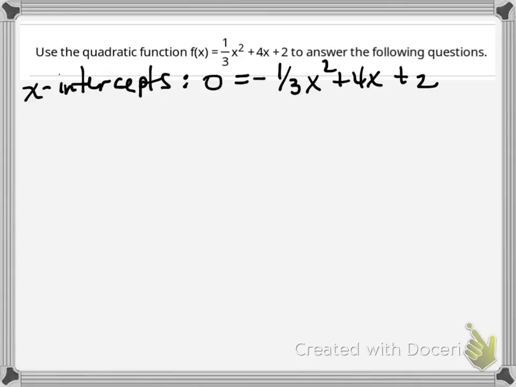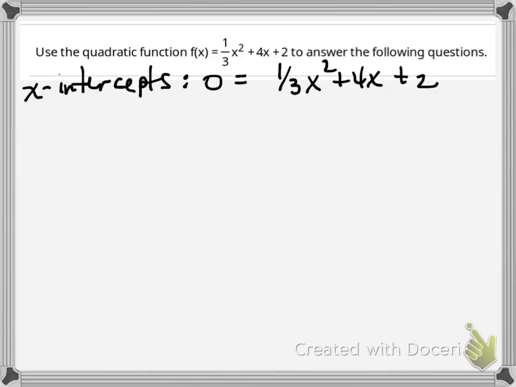I don't like working with fractions because fractions just make more tedious work. Actually, that's not a negative 1/3, it's 1/3. The coefficient of x squared is 1/3. I want to get rid of these fractions, so I'm going to multiply both sides of this equation by 3. That's the denominator there.